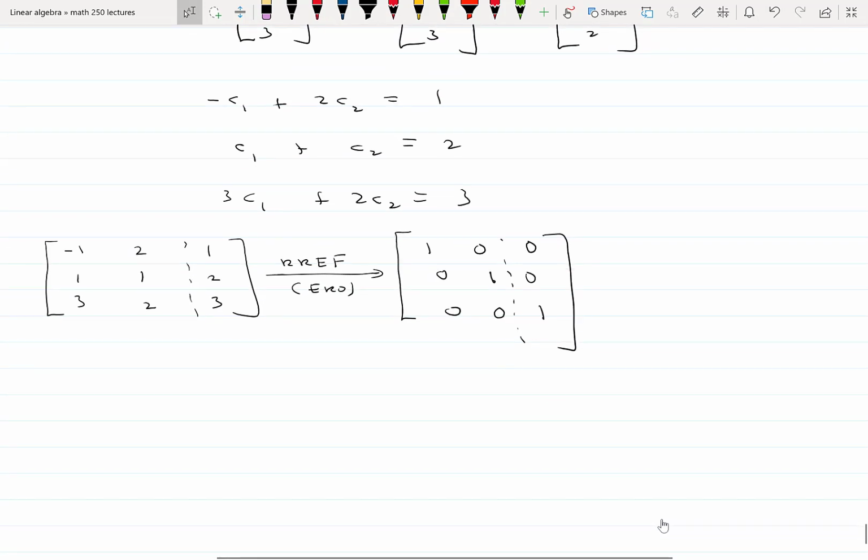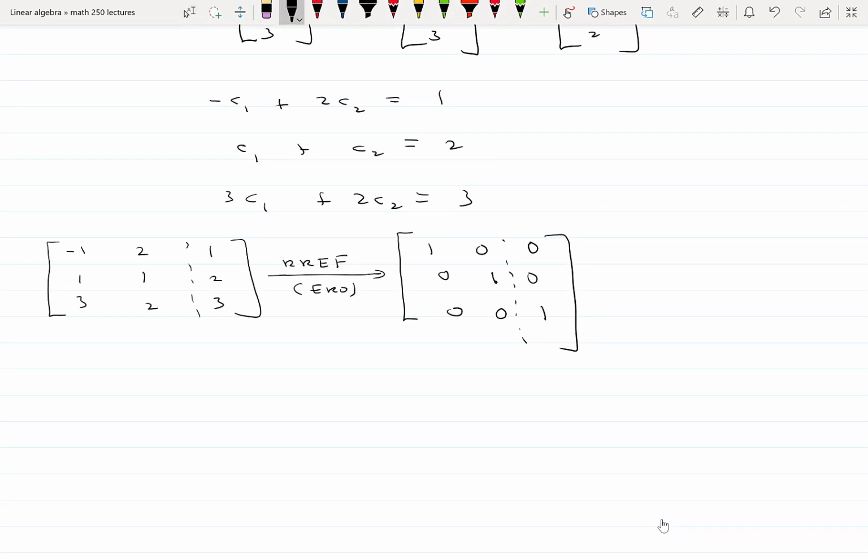So the system has no solution. This says 0 C2 needs to equal 1. There's no solution.